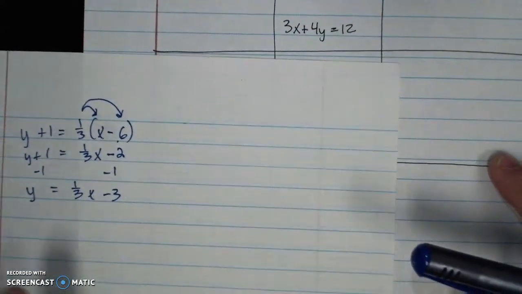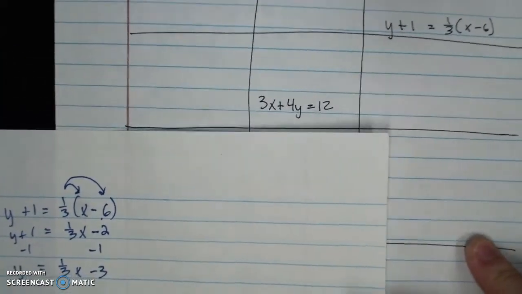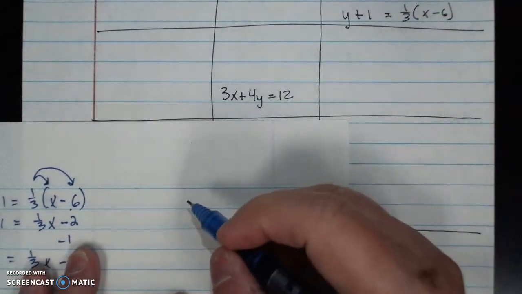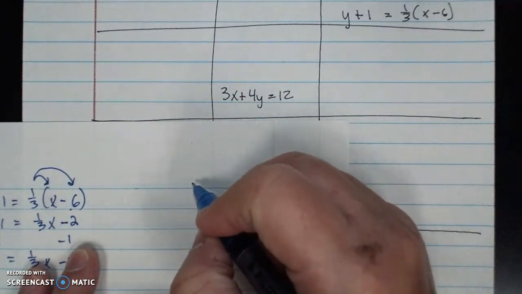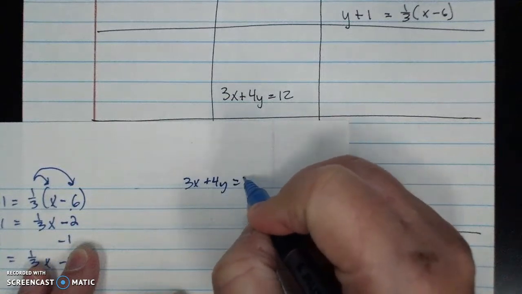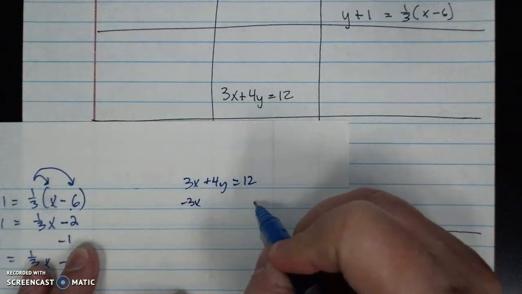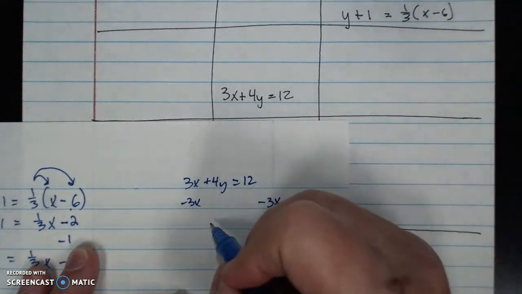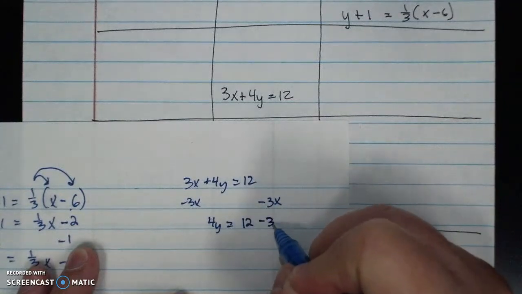If I am given standard, I am going to go to slope-intercept, and I am going to do 3x plus 4y equals 12. I need to isolate the y, so subtract 3x, subtract 3x. I hang it off because it does not combine with the 12. 4y equals 12 minus 3x.